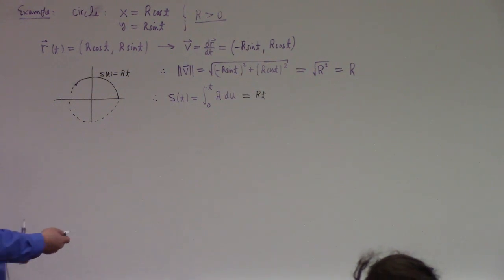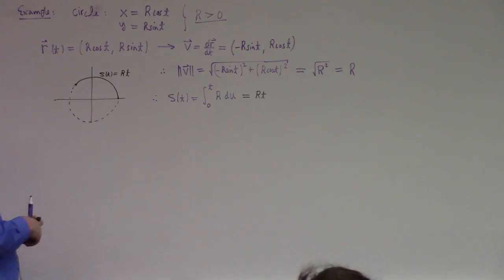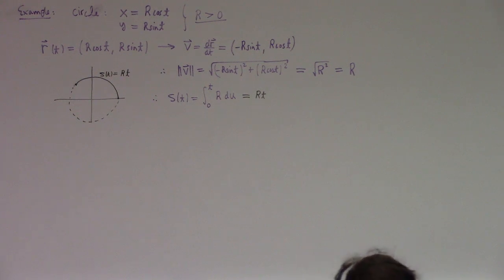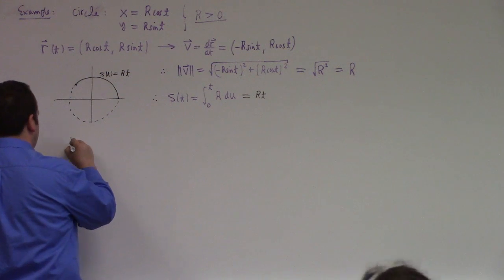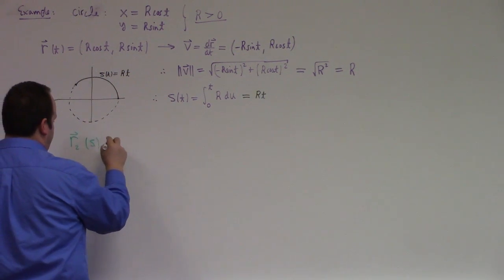That hurts me somehow. Look, as t goes to 2 pi, we get the circumference of a circle, right? But there's something else you can do here which is a little bit weirder: how can you reparameterize a circle? What are other ways you could parameterize a circle? You could use s as your parameter instead of t.